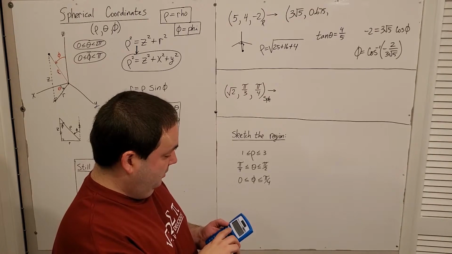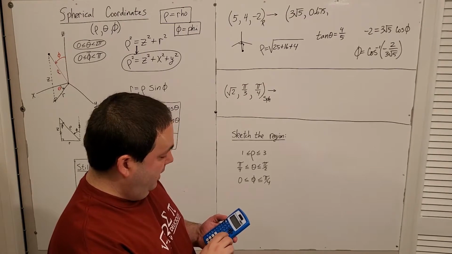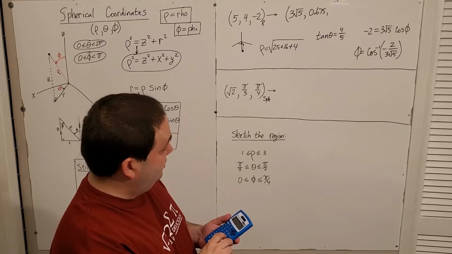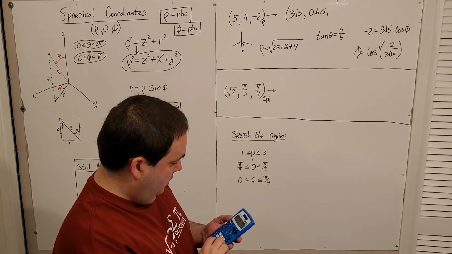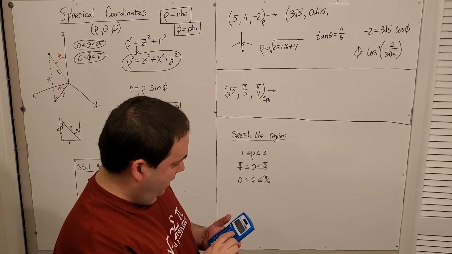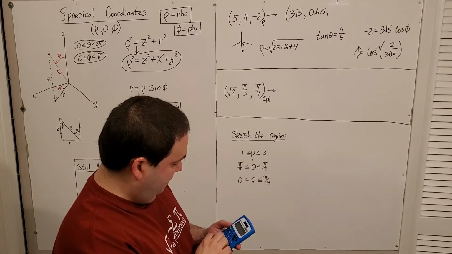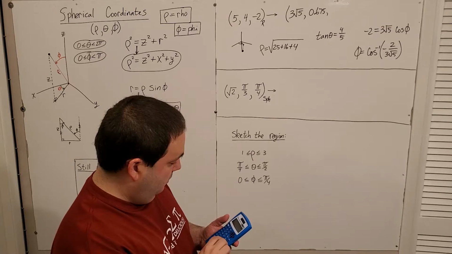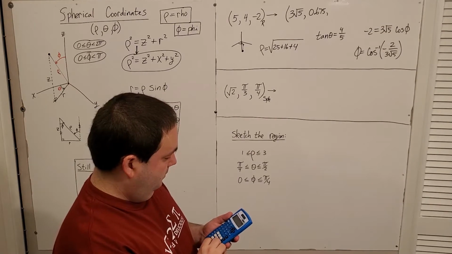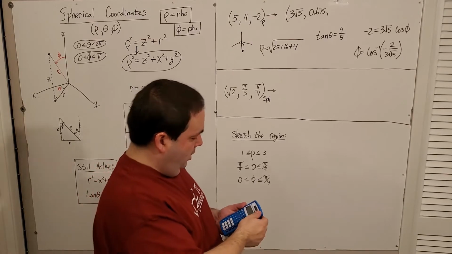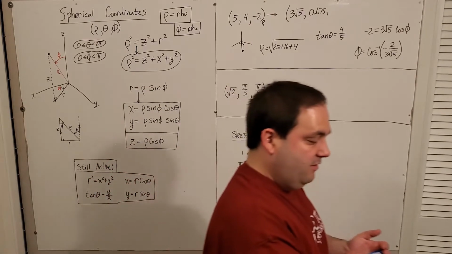Okay? So again, since I did radians before, I'll do radians now. I'm doing inverse cosine of negative 2 over 3 square root of 5, or it would be easier to just type the square root of 45. Okay, 1.874.